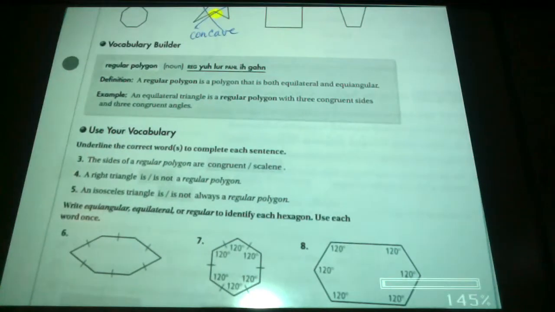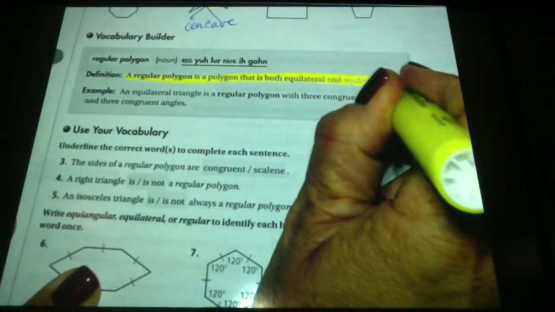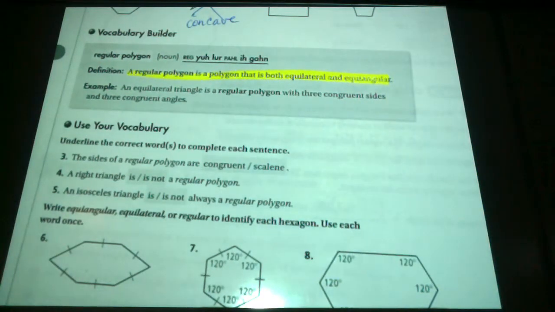And then we do have a new vocabulary word because our entire chapter is really going to be dealing with quadrilaterals, but we're going to start off today with specifically polygons in general. And a regular polygon, emphasis on the word regular, is a polygon that is both equilateral and equiangular.